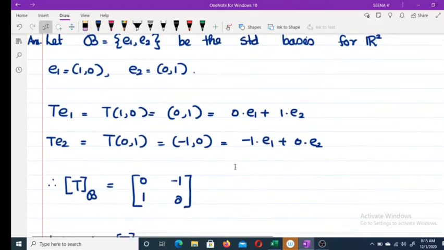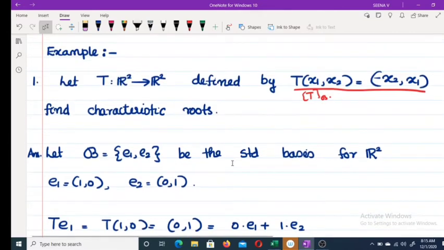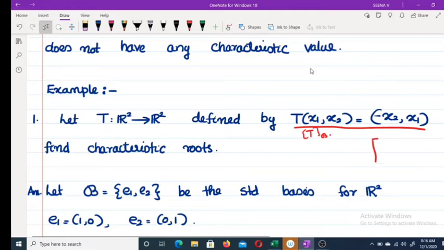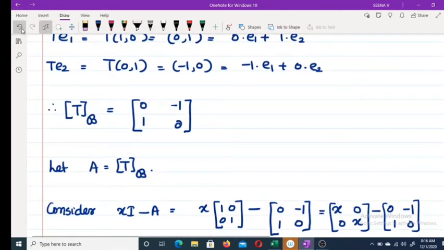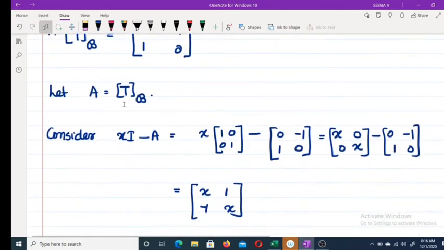This is the matrix of T corresponding to the standard ordered basis. Here the coefficient of x1 is 0, the coefficient of x2 is minus 1, the coefficient of x1 is 1 and the coefficient of x2 is 0. So this is the same matrix that we get. Now A equal to this one.